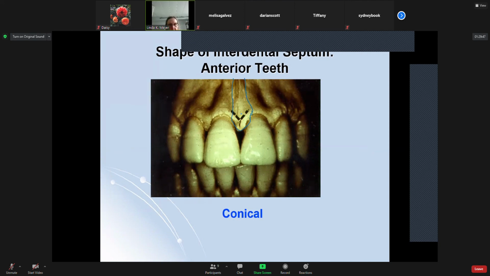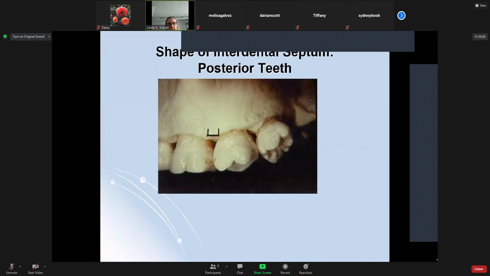So the interdental septum of anterior teeth tends to have this conical shape. With posterior teeth, again, I'm going to draw the interdental septum completely. If I go all the way up, I have to estimate where the tooth roots are, and I may have extended beyond a little, probably. But notice it's rectangular shaped or box shaped.